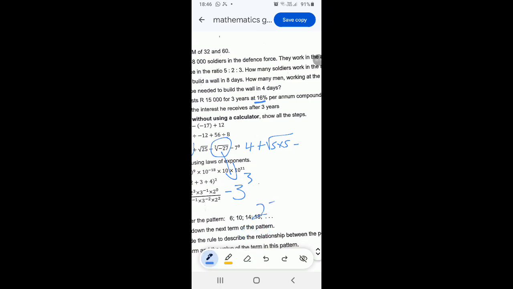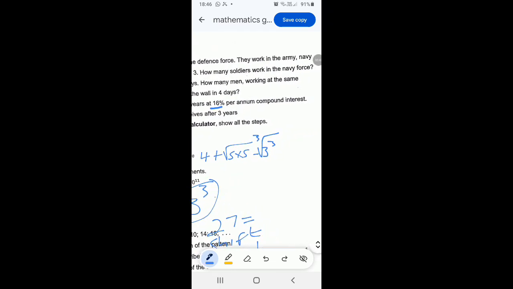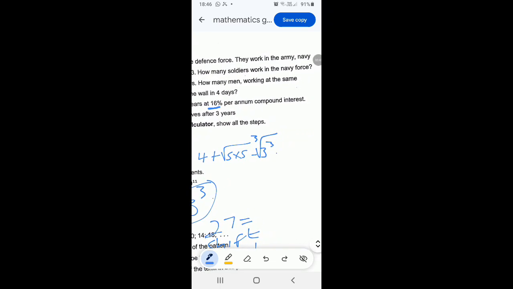So it's 27 equals, shift, then you're going to hit the button for factor. You are going to get this, even though it will not have a negative, but you're going to write a negative there to the power 3. What about this 3 here? Write it like that. And then minus 7 to the power 0, we get 1. Any number to the power 0 is 1. Whether it's 100 to the power 0, it gives you 1.